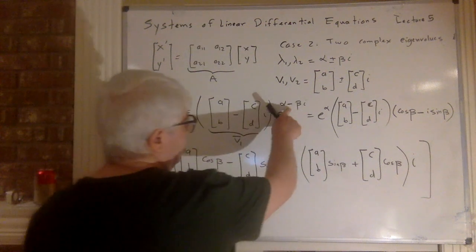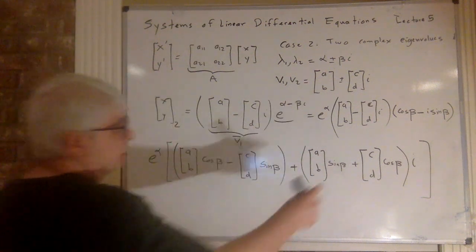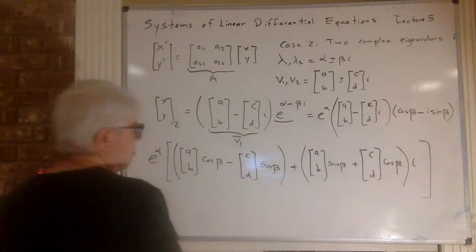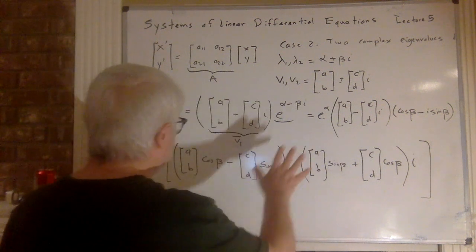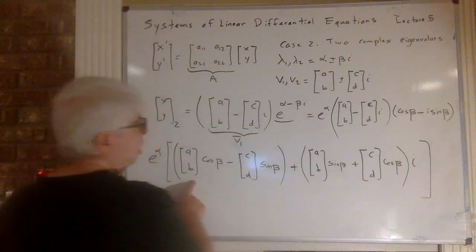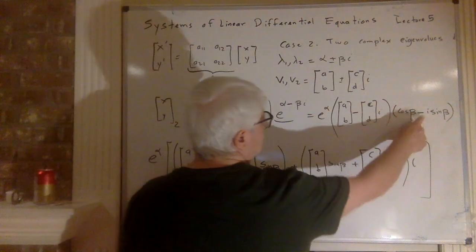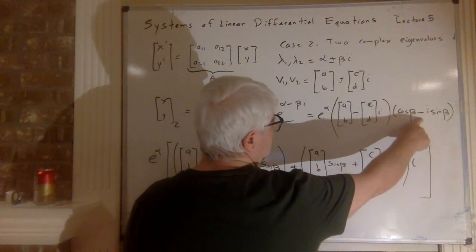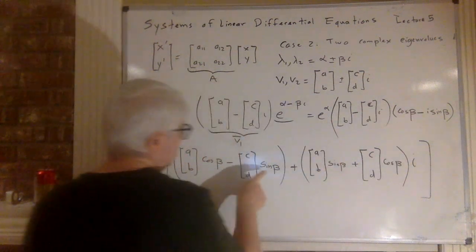So e to power minus beta i is this. Plus plus minus minus is plus. i squared is negative, that's correct.